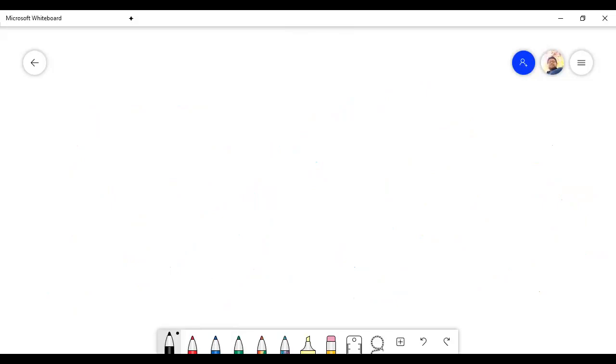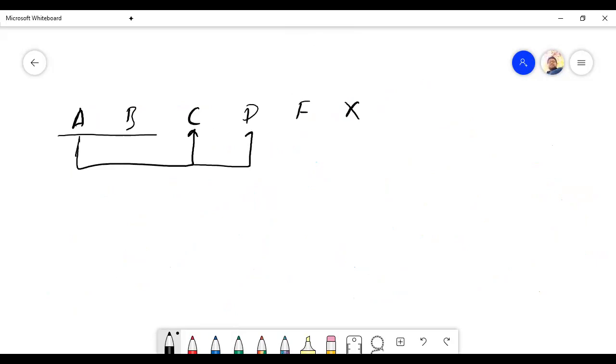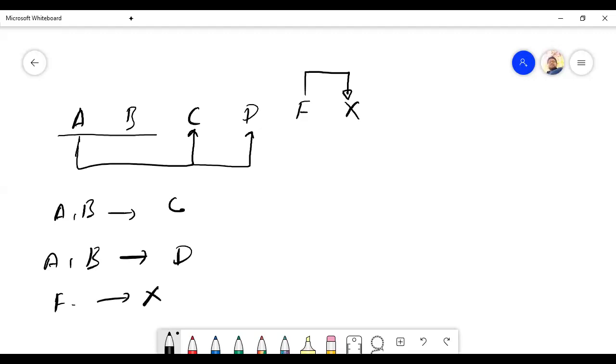A, B, C, D, F, X. Now you can see A comma B determines C, A comma B determines D, F determines X. Right.